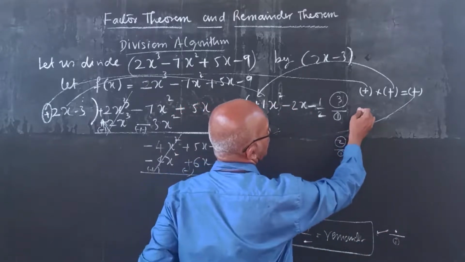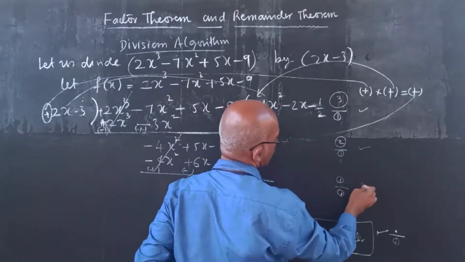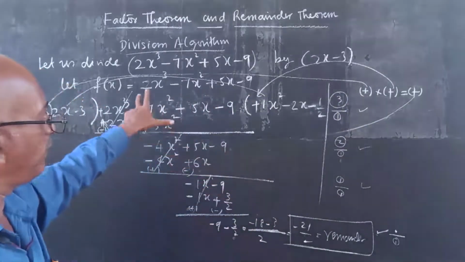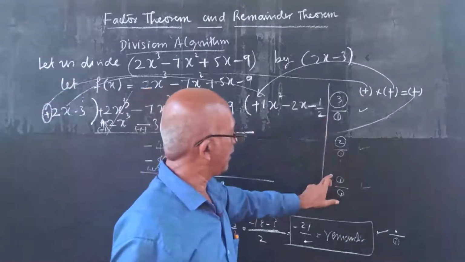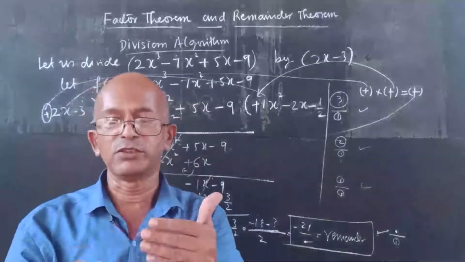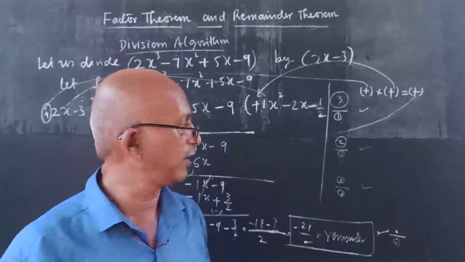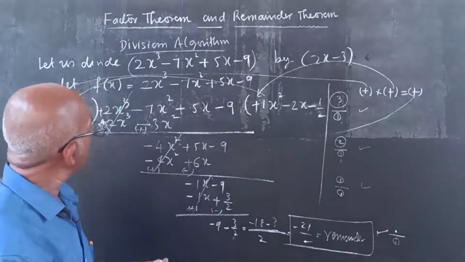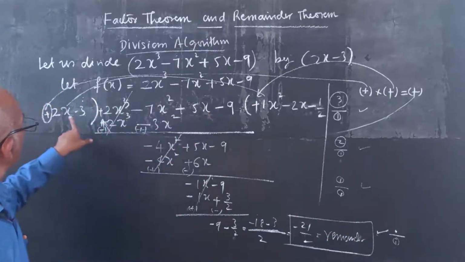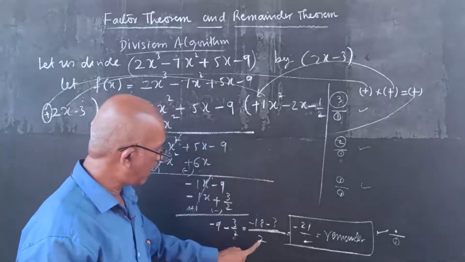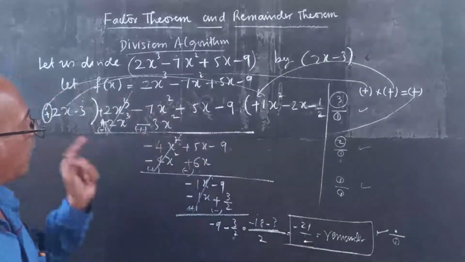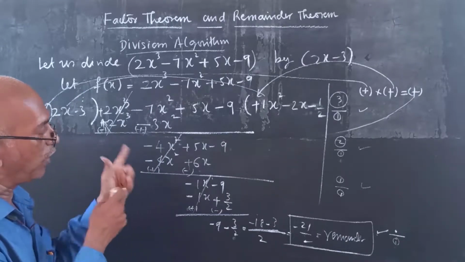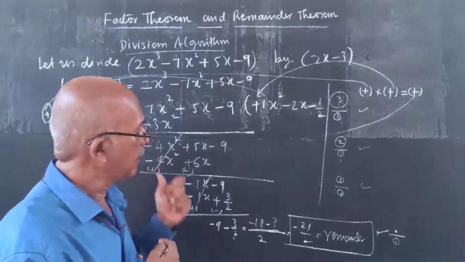Why I am writing like this: in the process of division, this is to be taken care of. The process of division begins, but where it ends is important. So here it ends. So this is your dividend, divisor, quotient and the remainder. Now we shall do the same problem by one more method in the next problem.